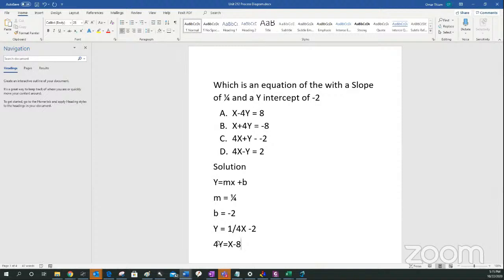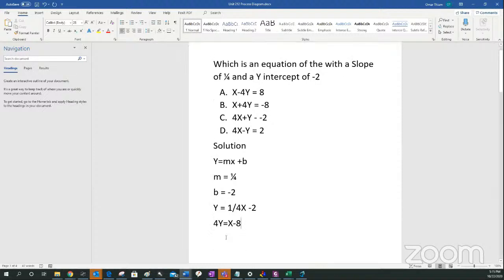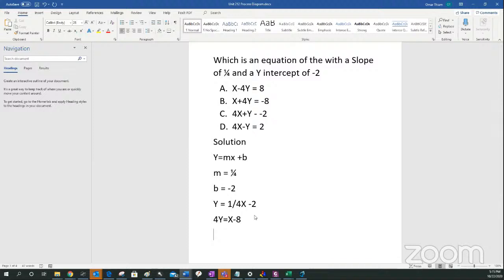Now if you move the x to the other side, that gives us 4y minus x equals -8.